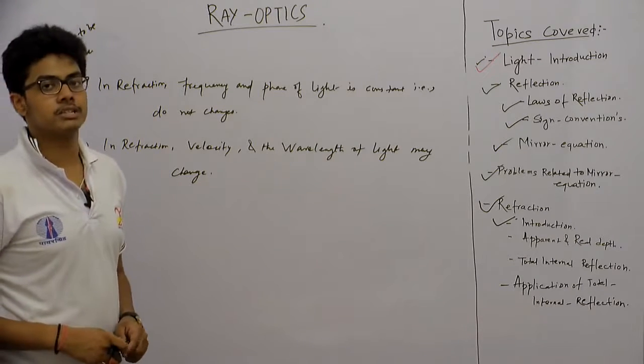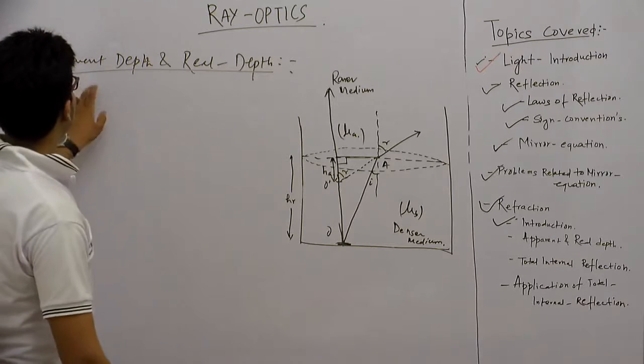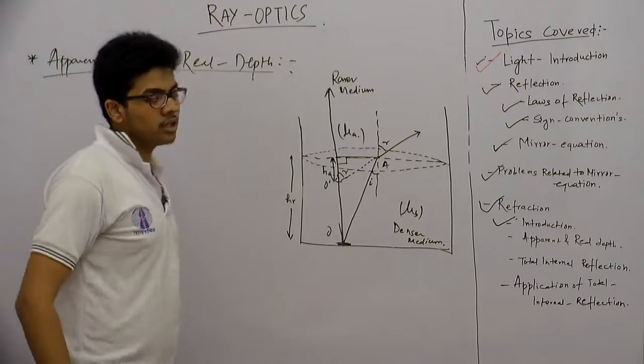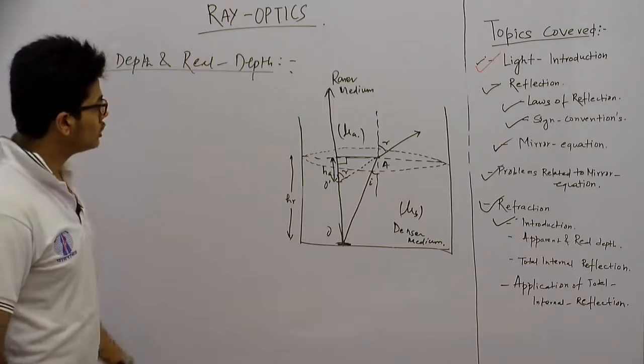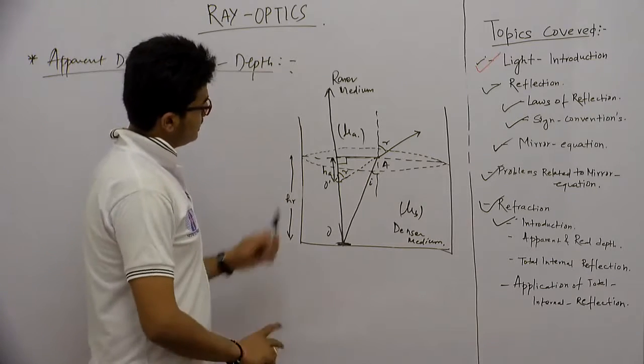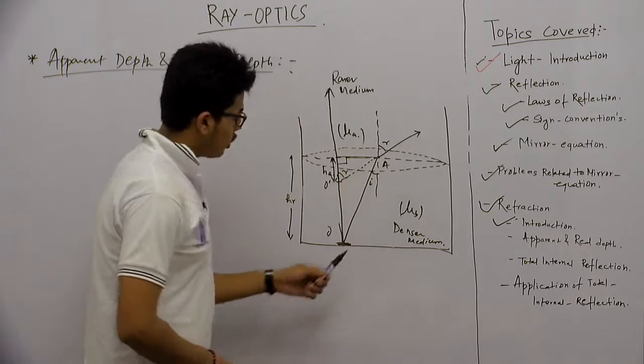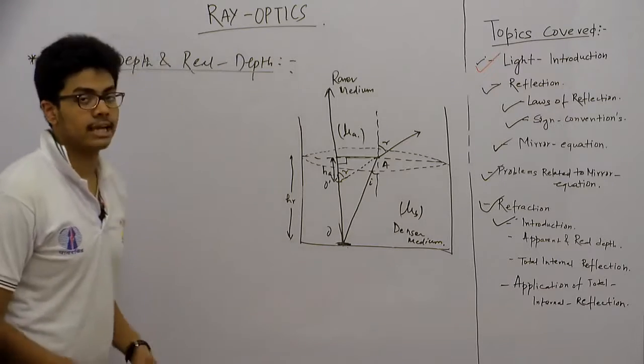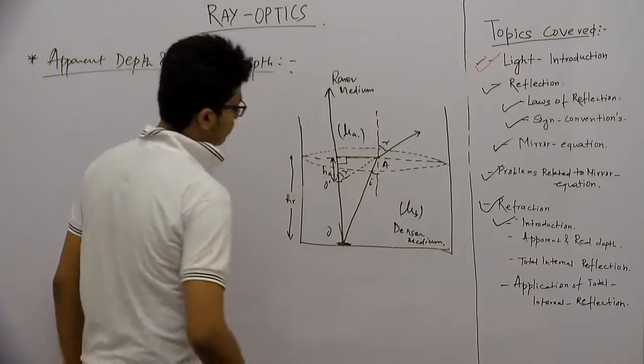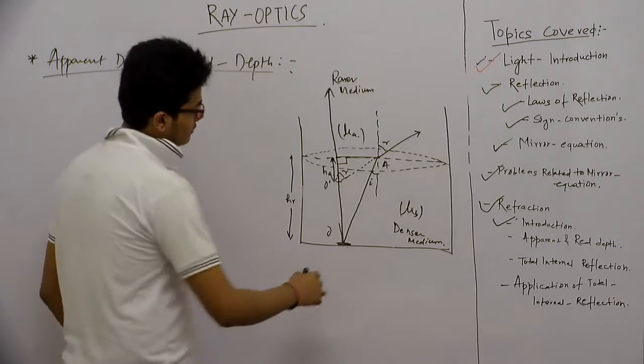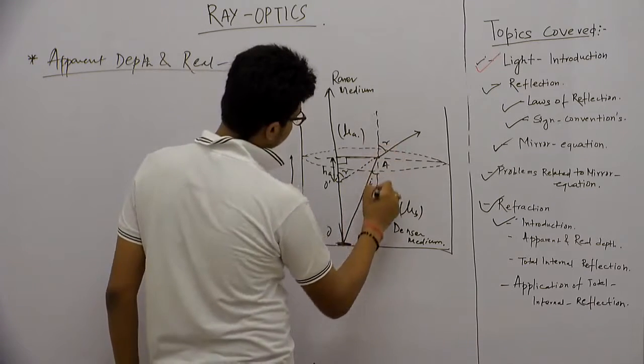Here we discuss the apparent depth and real depth. We already studied refraction, so here is the case in which a tank is filled with water and an object is lying at the bottom of this tank. When a ray of light is incident at this, it is refracted and goes through this medium.